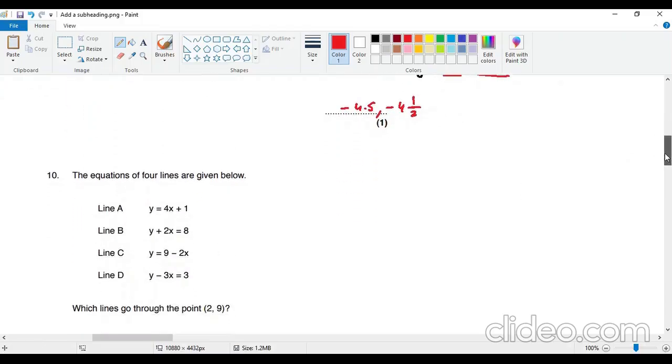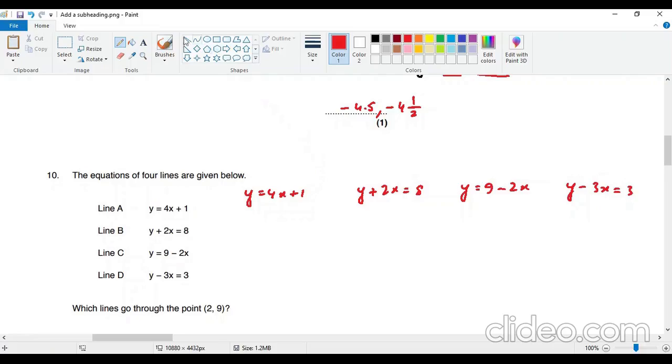The equations for 4 lines are given below. Which lines go through the point 2, 9? Now for this I will write y equals 4x plus 1 separately, and y plus 2x equals 8, and y equals 9 minus 2x, and the fourth one is y minus 3x equals 3.